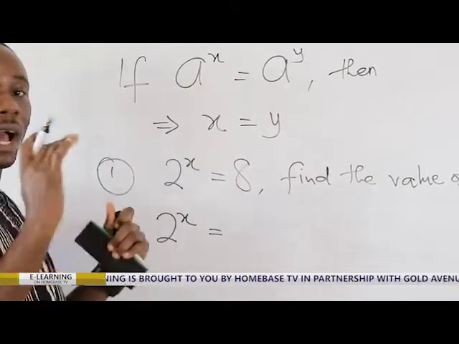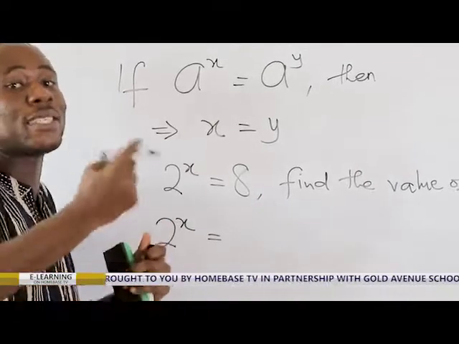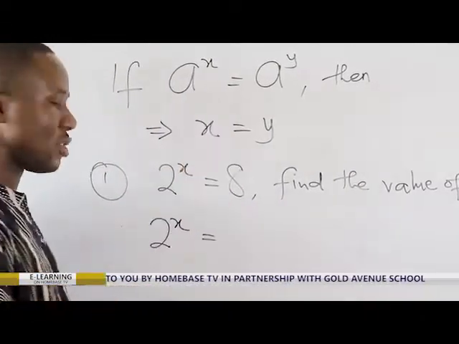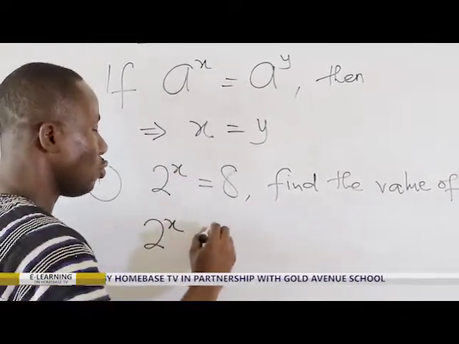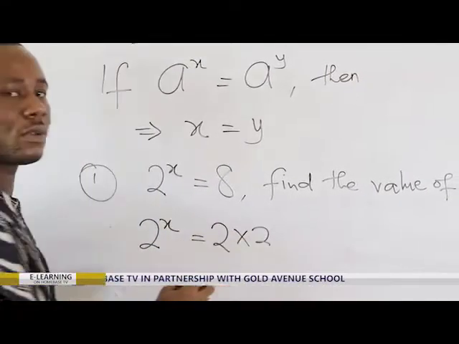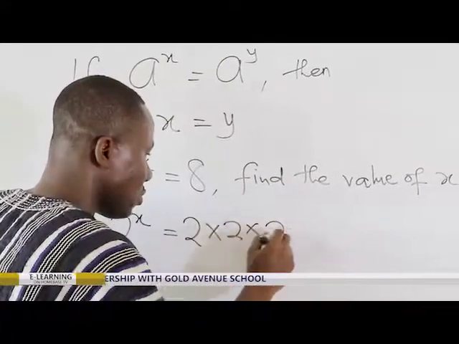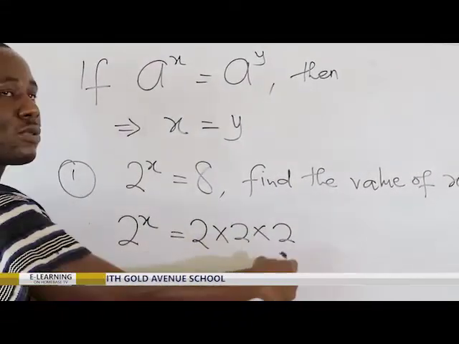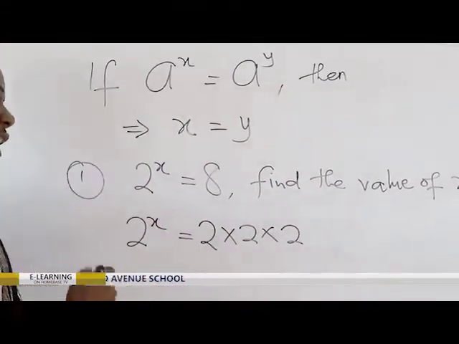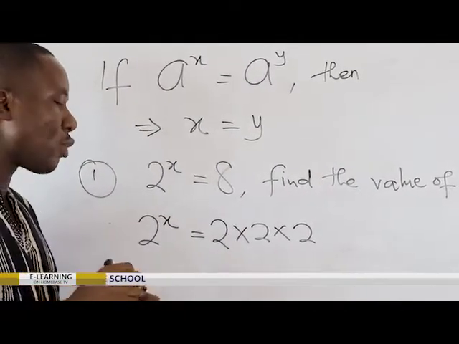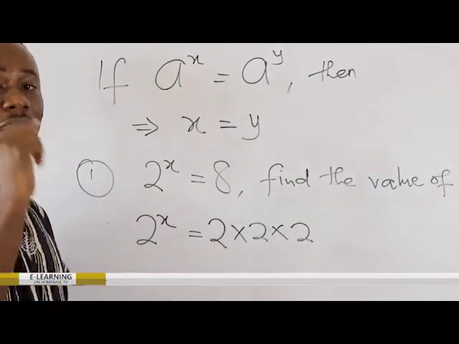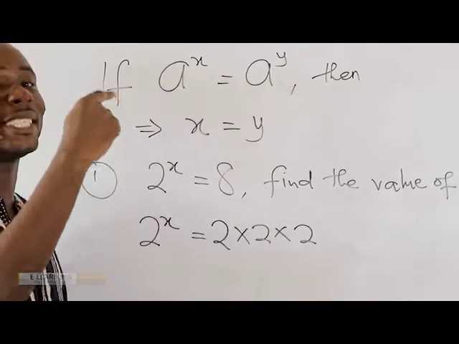If you can't get it straight, start multiplying 2 by itself until you get 8. So 2 times 2 is 4. 4 times another 2 will give me 8. So 2 times 2 times 2 will give me 8. Now you ask yourself, 2 repeatedly multiplies itself how many times? 3. And that is 2 exponent 3.